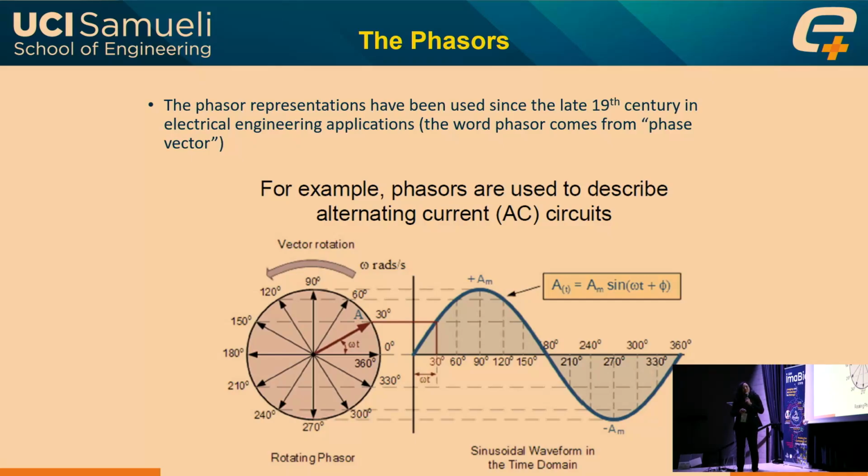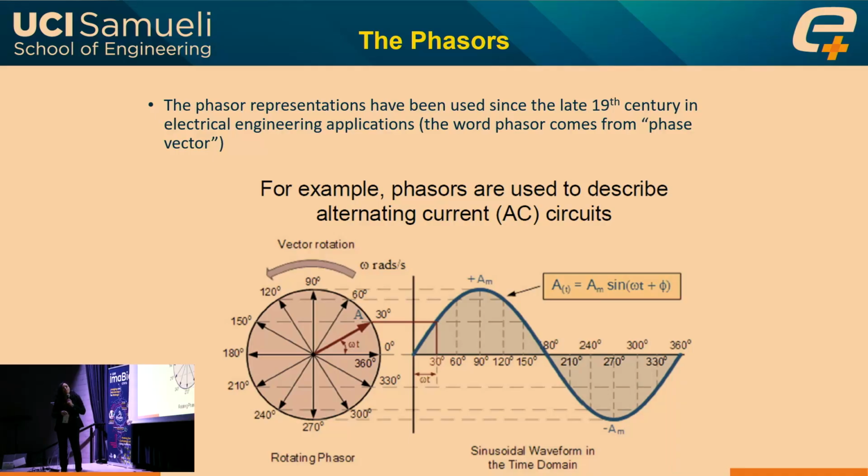I'm just going to give a shout out here to the electrical engineering field, that in the late 19th century, the electrical engineering applications came up with the word phasors, and it comes from phase vectors. Essentially, you can take, for example, an alternating current and transform this wave function into phasor space. It becomes a geometric solution for how to analyze the data.